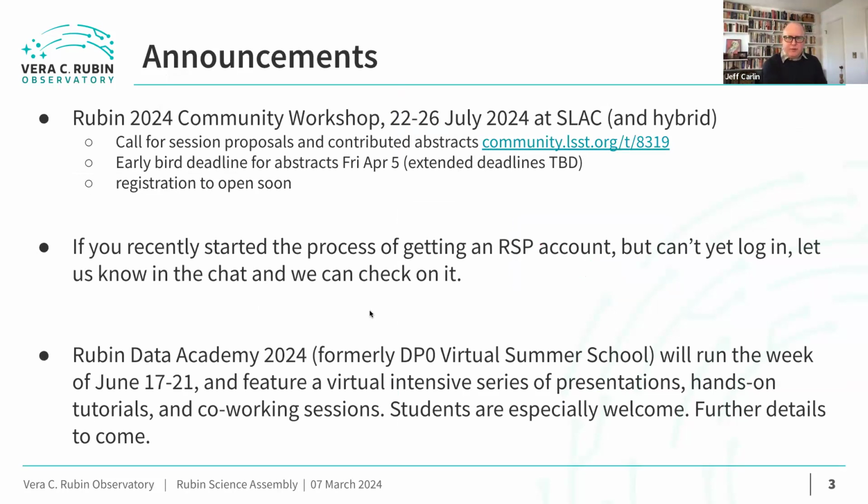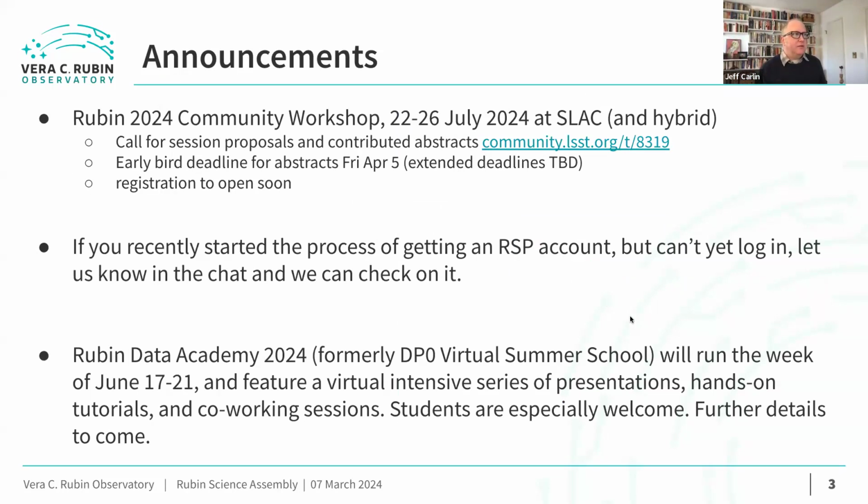Just a couple of quick announcements. One is that the 2024 Rubin Community Workshop is scheduled for late July this year. It will happen at SLAC at Stanford in Northern California, and we'll also have a hybrid component.